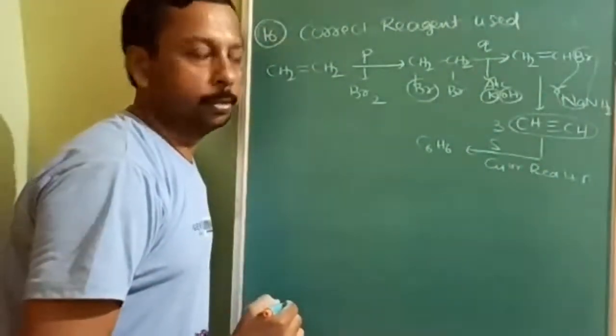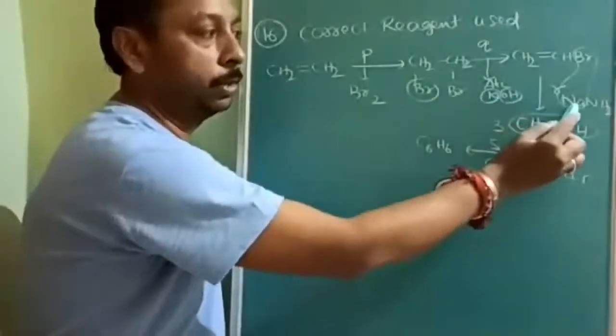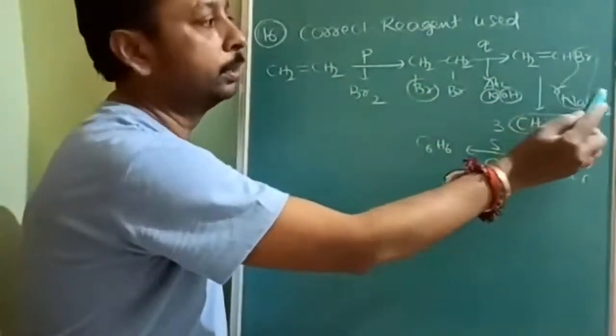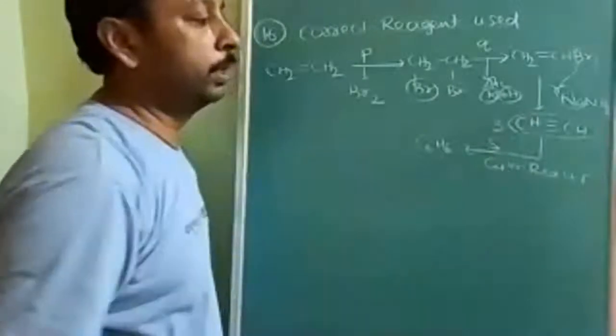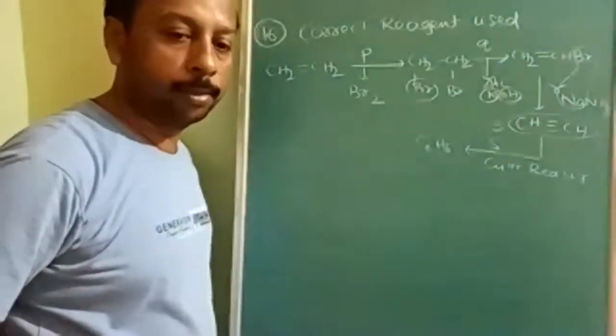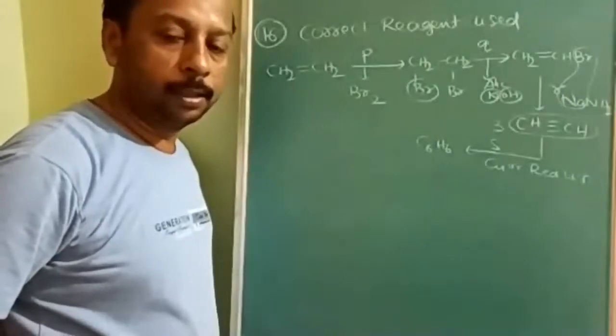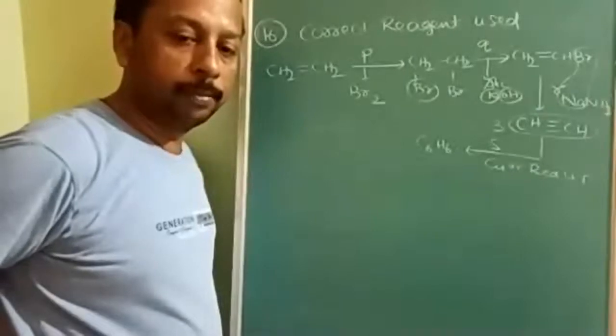Is it understood? So P will be Br2, Q will be alcoholic KOH, R will be NaNH2, and S will be red hot iron or copper, a copper tube or iron tube. When 3 moles are passed, there will be rearrangement to form the benzene ring.